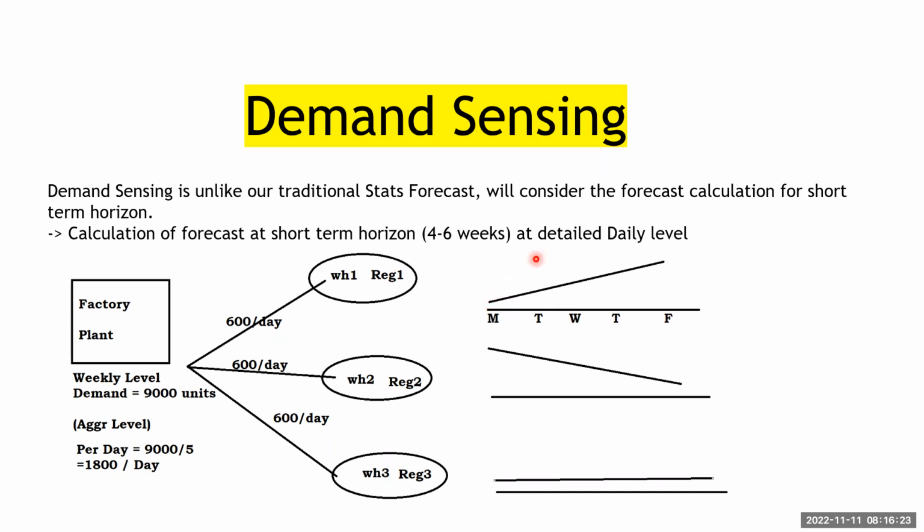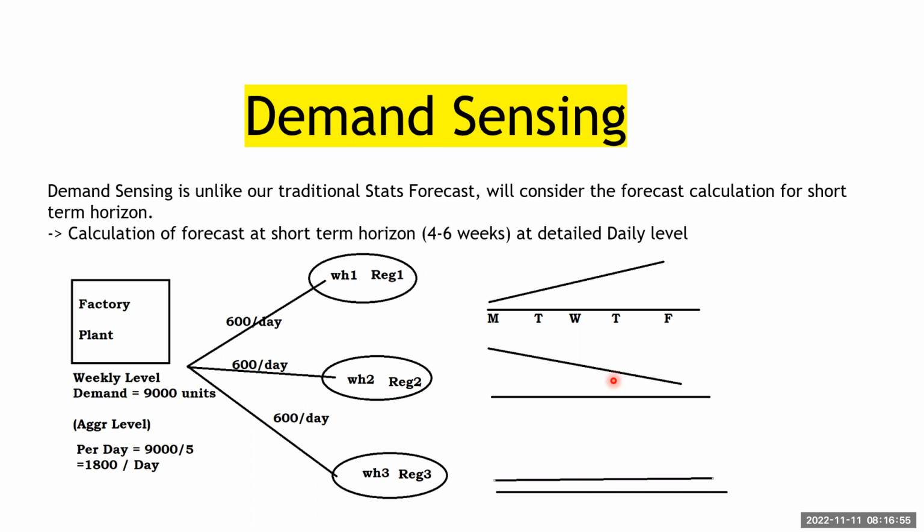So what do we call it? This demand is not front loaded, right? It is back loaded. And the second one is front loaded. In the front days, it is loaded more, right? So in this kind of unlikely situation, when we want to plan at a day level, at a very short level, we can use algorithms like demand sensing.